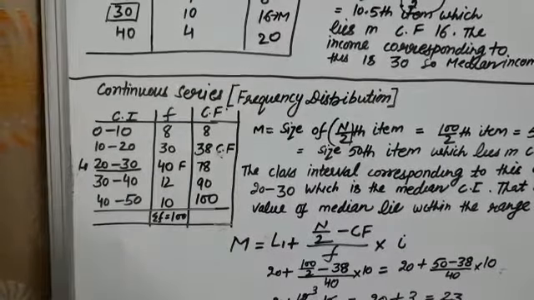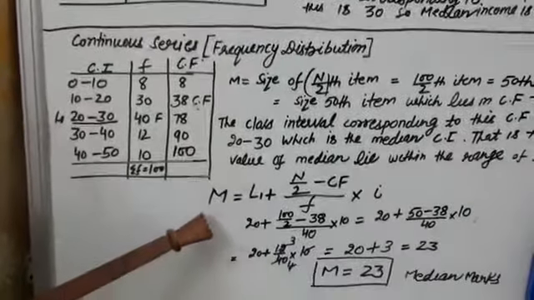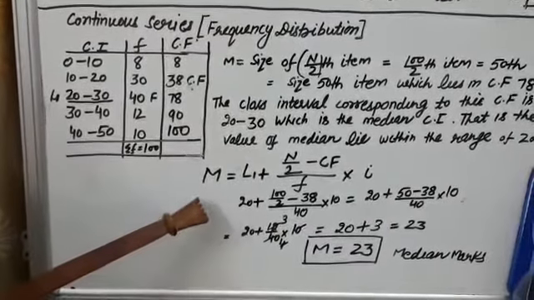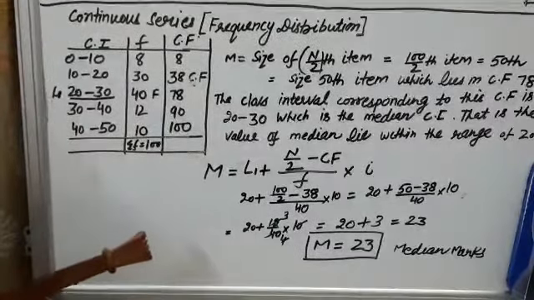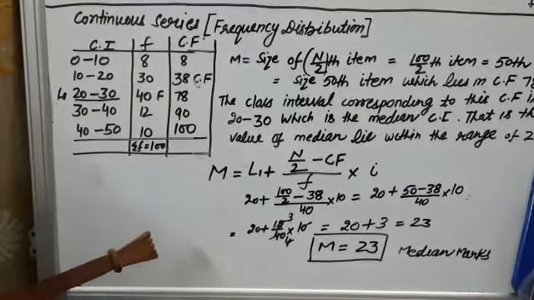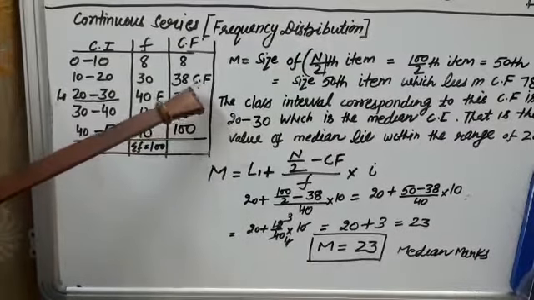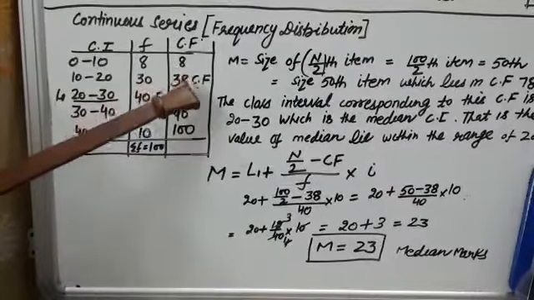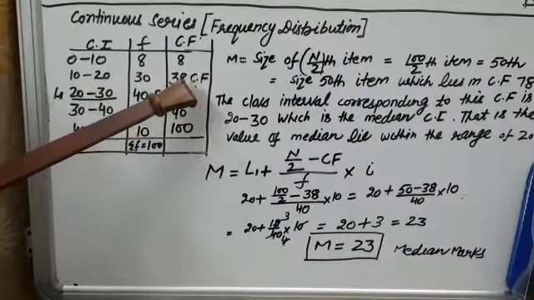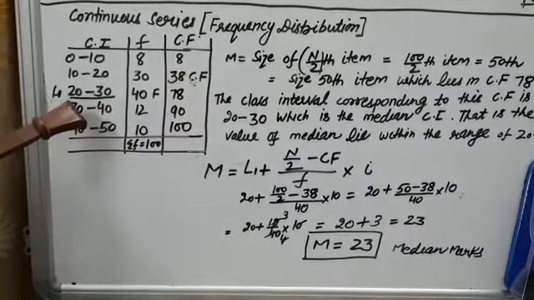Let us find out the exact median. For this we will write a formula: median is equal to L1 plus (n by 2 minus Cf) upon f into i. Here the Cf we will take of the previous class interval, that is not 78, we will take 38. Frequency is of the same class interval.